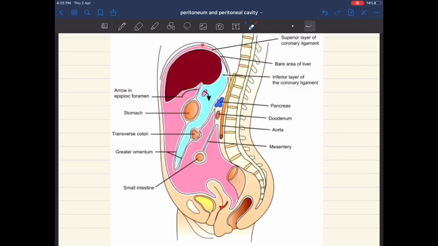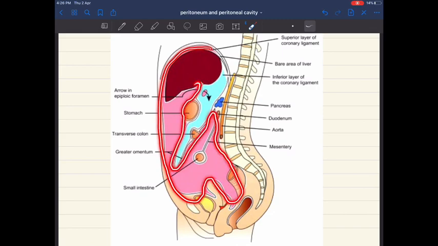See, all of this is peritoneal cavity, which is divided into two, greater sac and lesser sac. See, this one is lesser sac, behind the stomach and liver. Okay, the other portion, the bigger portion, which is the greater sac.